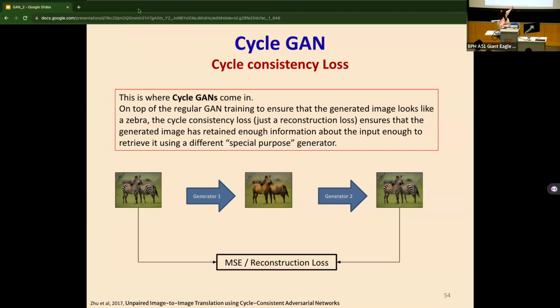So now we can calculate the reconstruction loss for this, right? So this is how your CycleGAN works. It's called cycle because it goes in a loop and wants to come back to where it started from. And so on top of regular GAN training to ensure the generated image looks like a zebra, with this cycle consistency loss we are trying to ensure that it is similar to what it was given, basically, right?